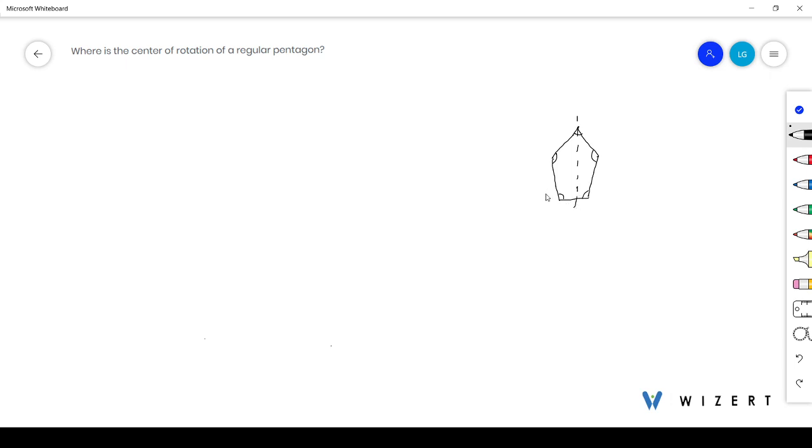And lines of symmetry for regular pentagon are like that.